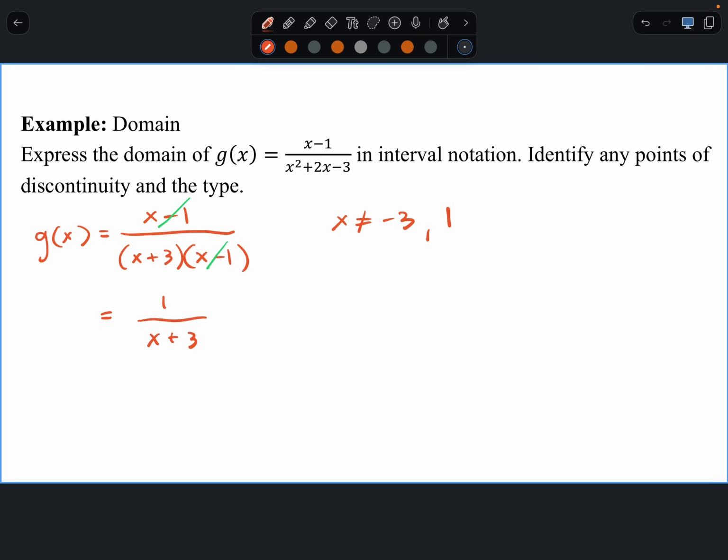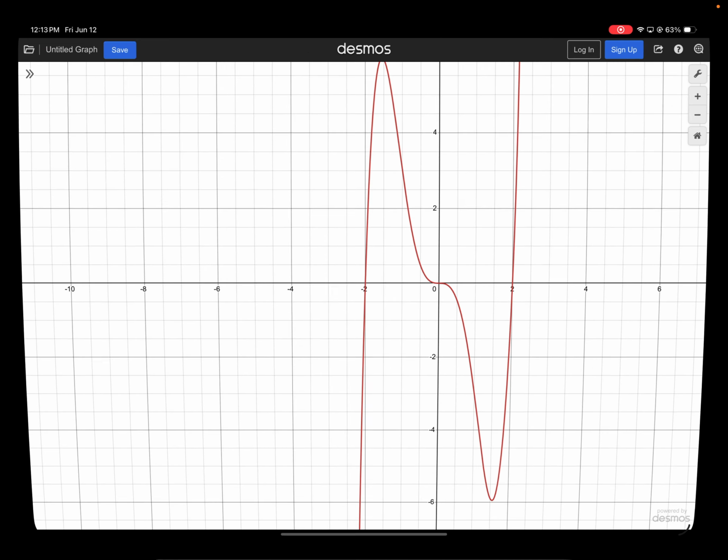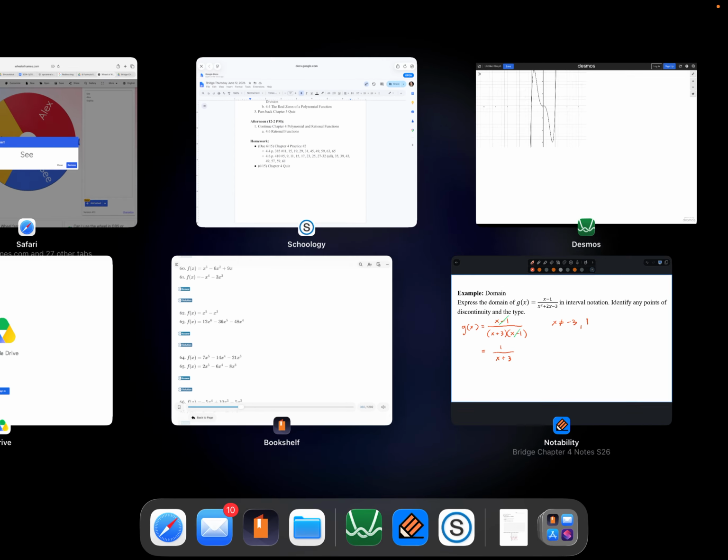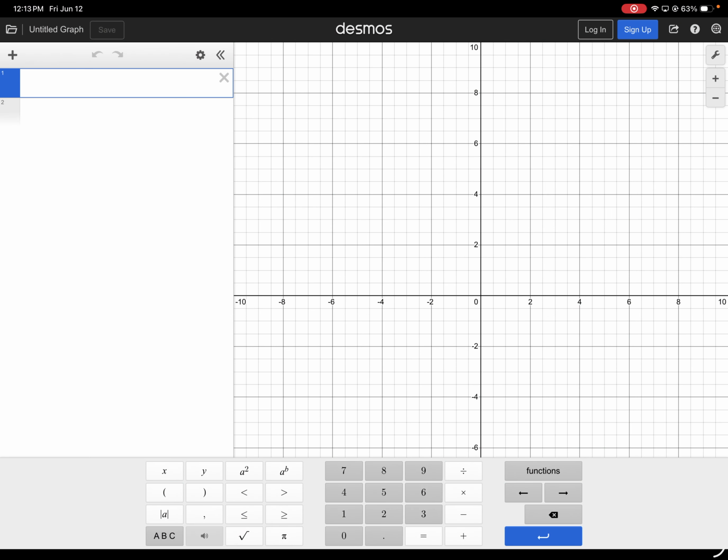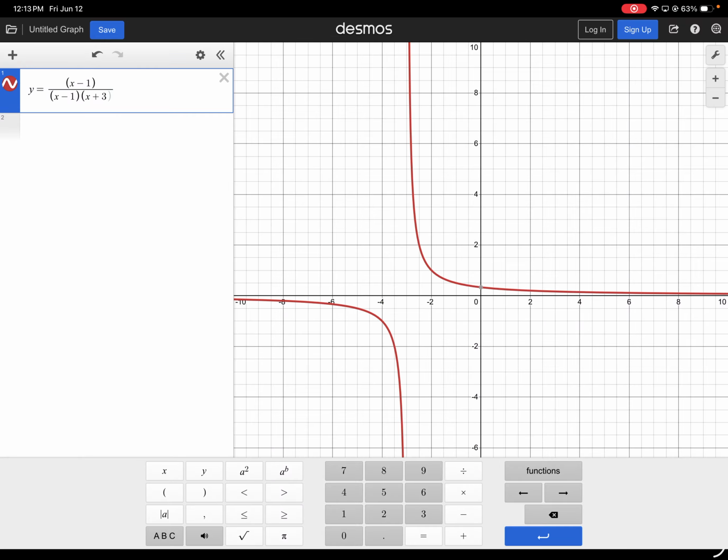And that's a graph you guys know what it looks like, right? That's 1 over x shifted to the left 3. However, there are 2 domain restrictions. If we go ahead and graph this, y equals x minus 1 over, in factored form, x minus 1 times x plus 3.